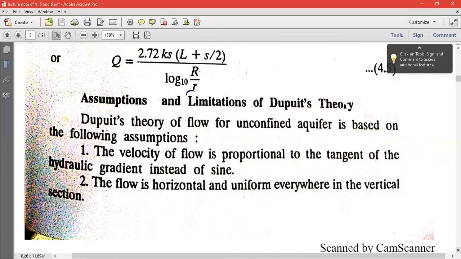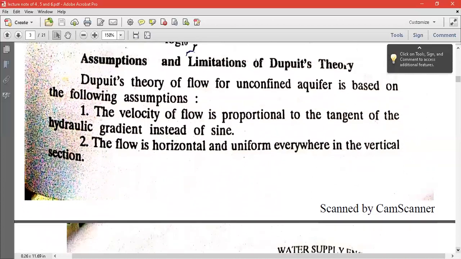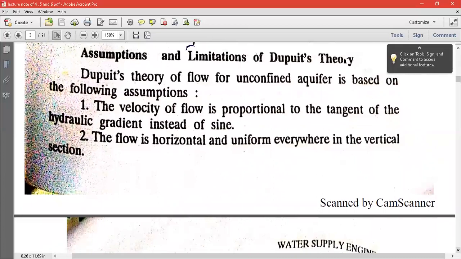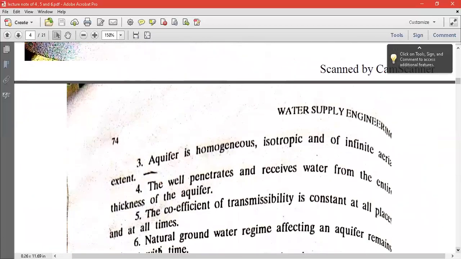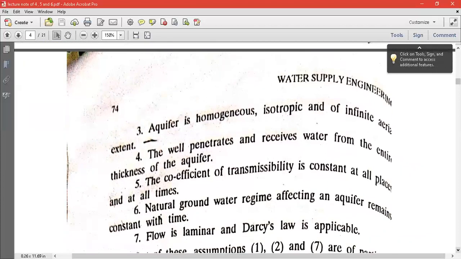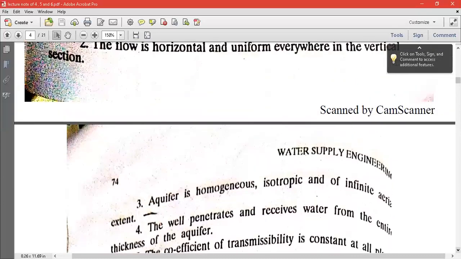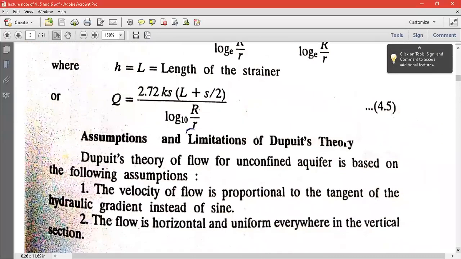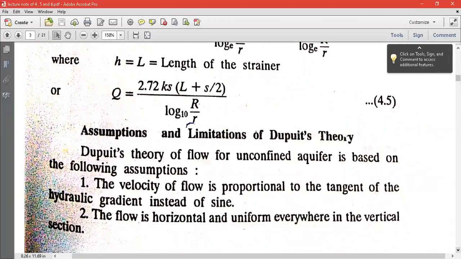And the flow is horizontal and uniform everywhere in the vertical section. Throughout the vertical section, the flow is horizontal as well as uniform. That is the basic assumption in Dupuit's theory for the unconfined aquifer. I am talking about the unconfined aquifer. These are all the assumptions of the Dupuit theory on the unconfined aquifer.